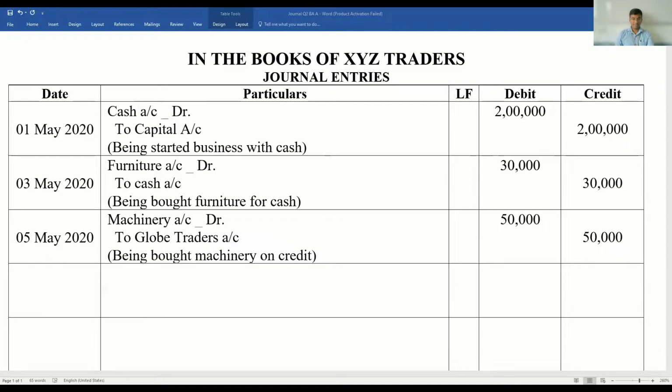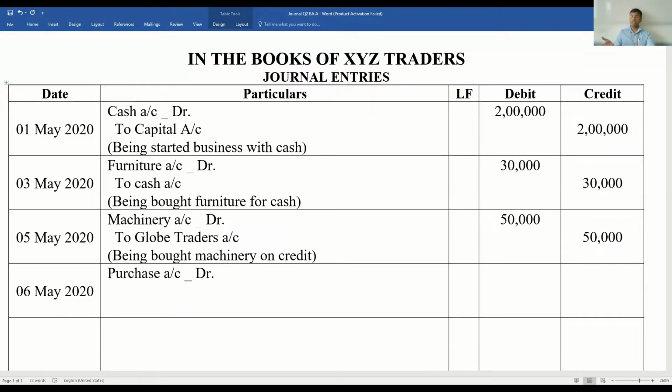Transaction on 6th May. Purchase goods for cash. So when you purchase goods for cash, the two accounts involved are purchase account and cash account. So purchase we know is real. So purchase account debited. Why?